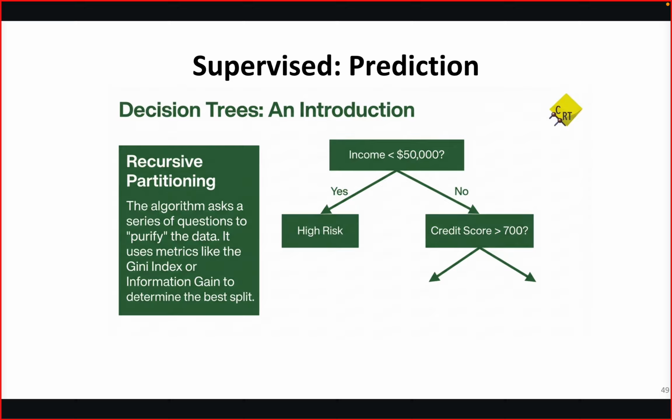And it uses metrics like the Gini index and information gain to do the job. Here, you don't have to understand how to calculate the Gini index or information gain. The computer will do it for you. It will decide how to cut the data into subsets.